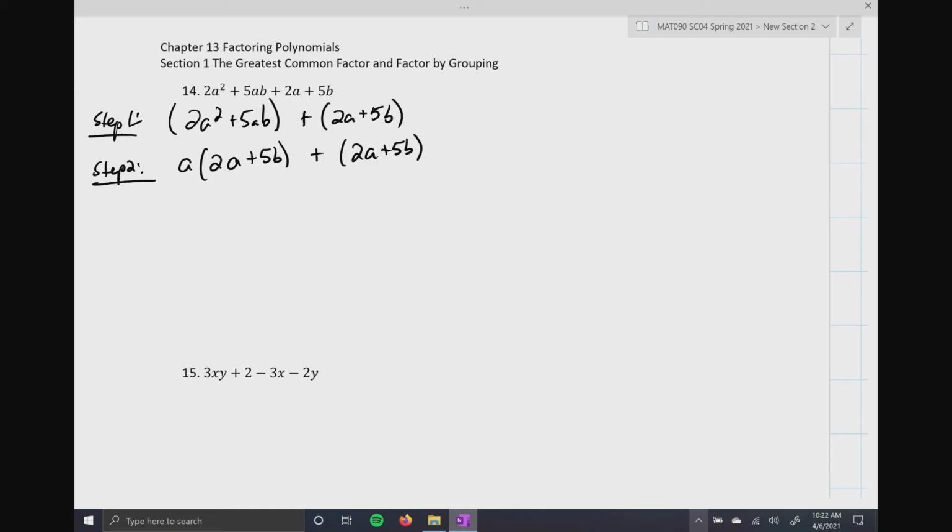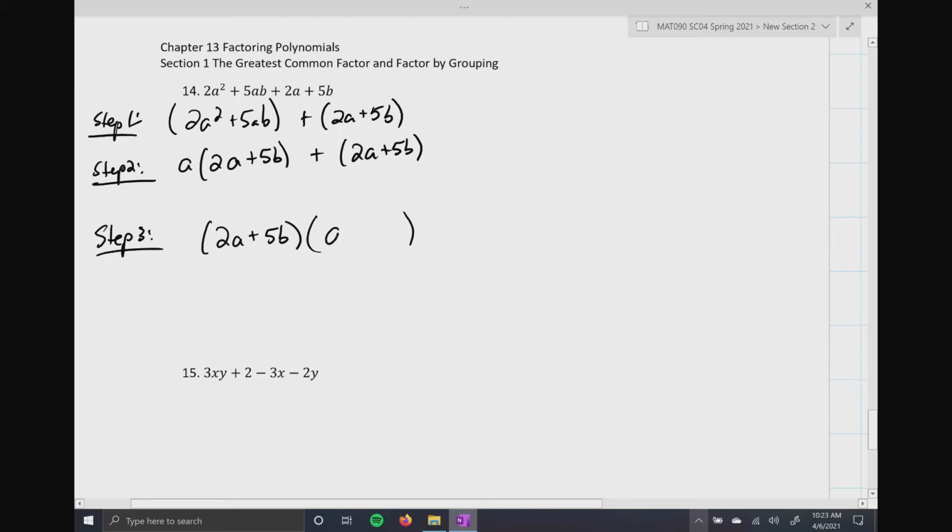The key: does the stuff inside the parentheses match? Yes or no? If it matches, and I see people shaking their head yes, I like that. If it matches, then you know you're on the right path. So step 3, let's factor out the 2a plus 5b, because that's what matches.